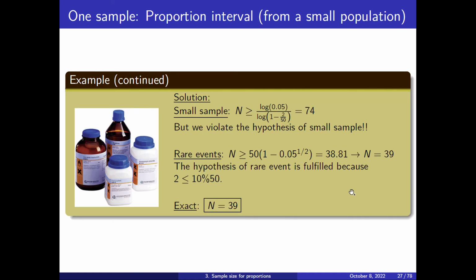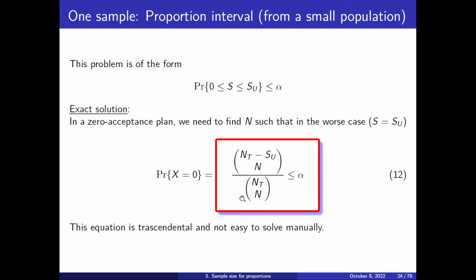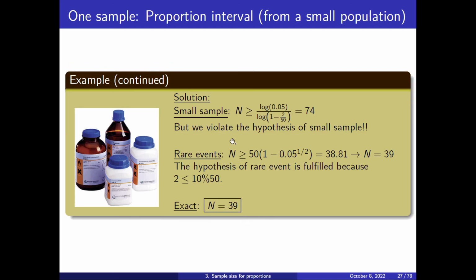Okay, so the solution. The exact solution is 39. This is the one calculated through this complicated way. And then we have the other two approximations. The small sample approximation gives us 74, which is larger than the total number of bottles.